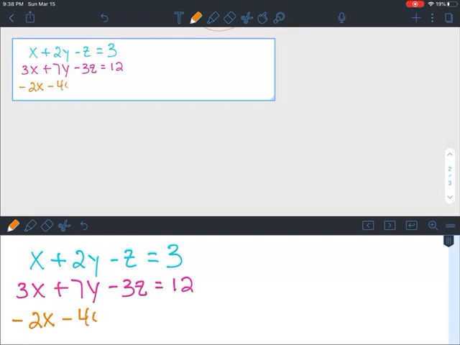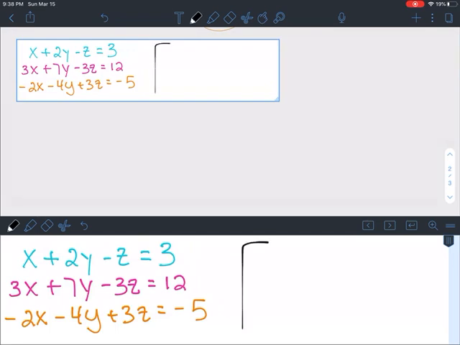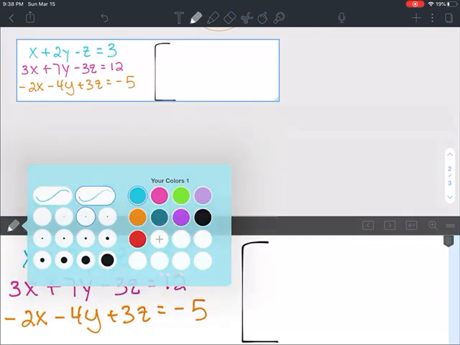And negative 2x minus 4y plus 3z equals negative 5. So this is a system of equations. It has 3 variables. So I need to go ahead and break down what my matrix is going to look like. So let's make our pretty coefficient matrix.